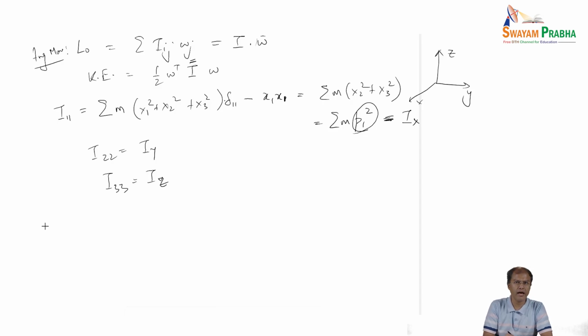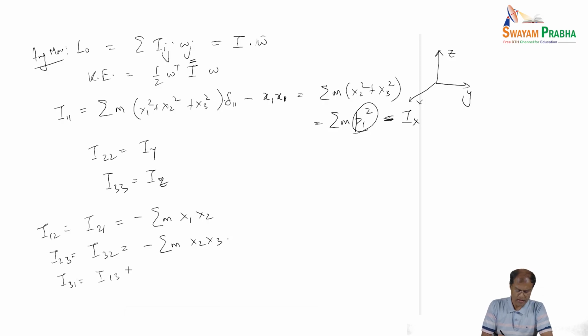And then the off diagonal elements are symmetric. So I12 is equal to I21, which is minus summation m x1 x2, and I23 is equal to I32, which is minus summation m x2 x3, right? And then I31 is I13, which is also minus summation m x3 x1.